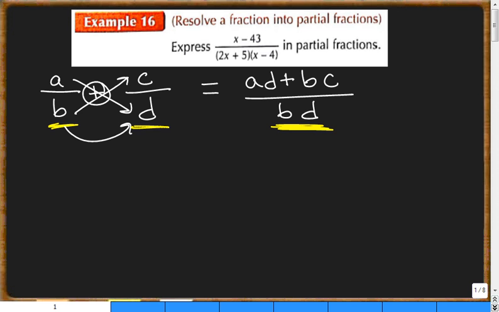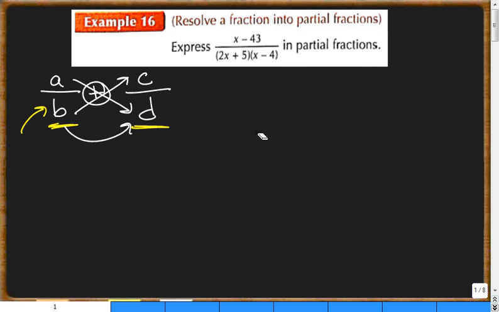And based off of that, we know that there's going to be a combination. So one of our denominators, b, over on this side, is going to be multiplied by some sort of factor of the other side, and so on and so forth. So we end up with this kind of crossover combination. So using this algorithm that we have, we can break this fraction up.